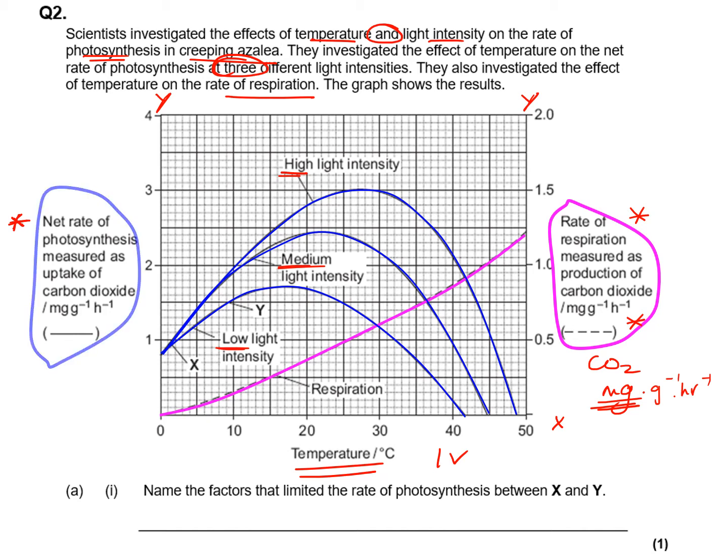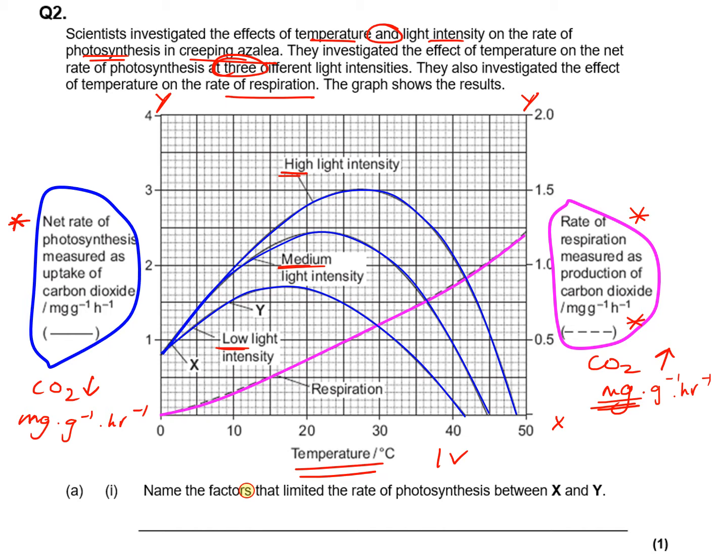Now the blue data represents the net rate of photosynthesis measured as the uptake of carbon dioxide, and that is in milligrams per gram of plant per hour. So here it's the CO2 uptake, not production, but uptake or fixation in milligrams per gram of plant per hour.